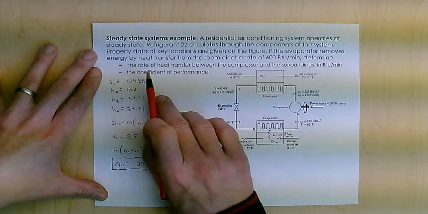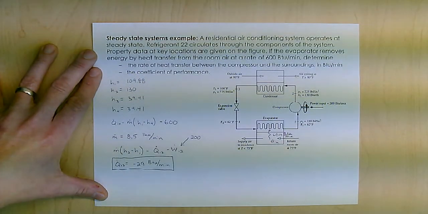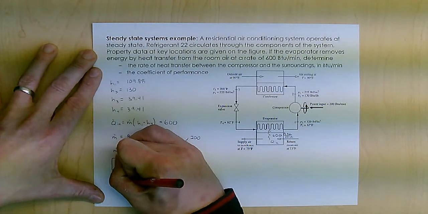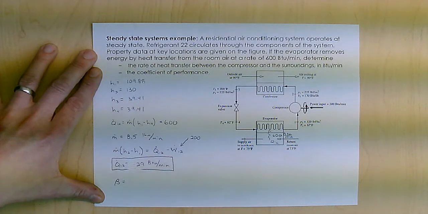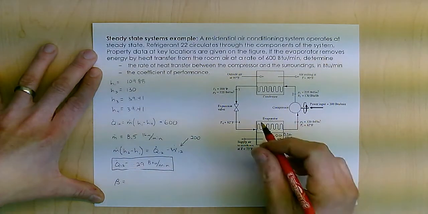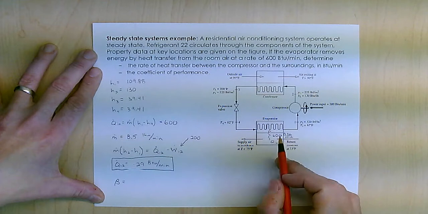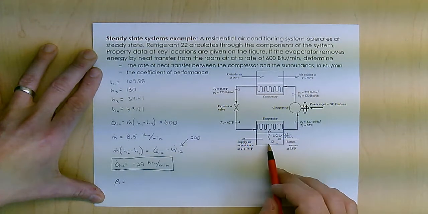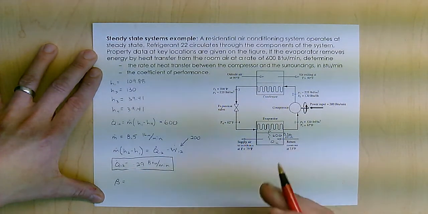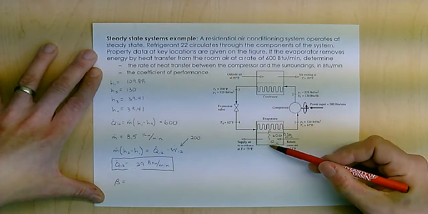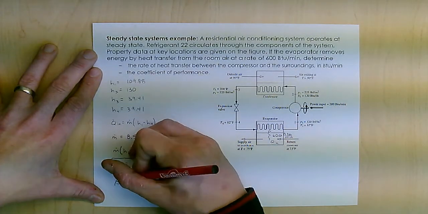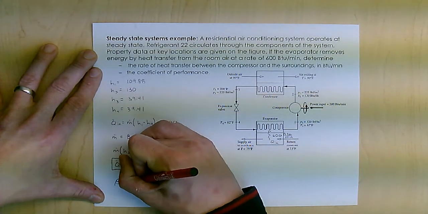Okay, so that's the first part. The next thing is, what's the coefficient of performance? Remember, coefficient of performance is essentially output over input. This is an air conditioning system. What I'm trying to do is take heat from my room, trying to cool that down. So Q in is my objective. That's my output.